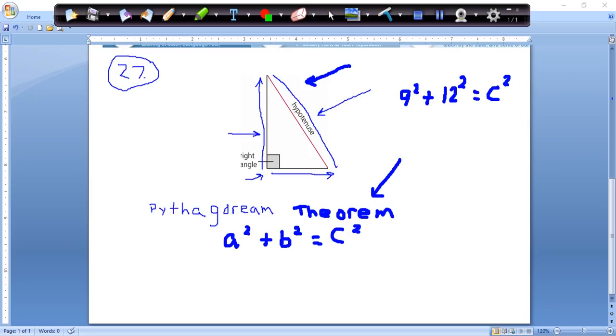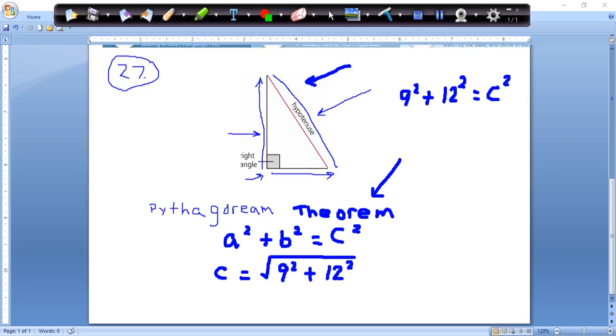So then we would write it like this. C is equal to the square root of 9 squared plus 12 squared.